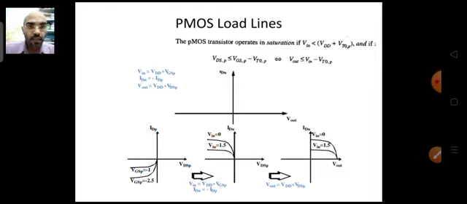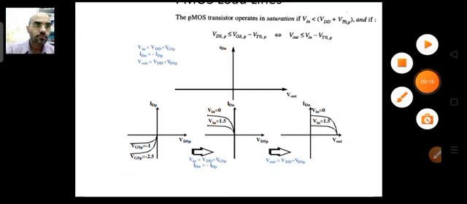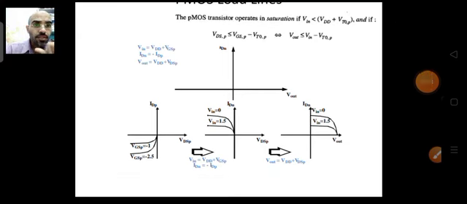So if you want to do this, our VGSP will become how much? These equations, Vin is equal to VDD plus VGSP, and IDN is equal to minus IDP, are the equations which we have seen yesterday.